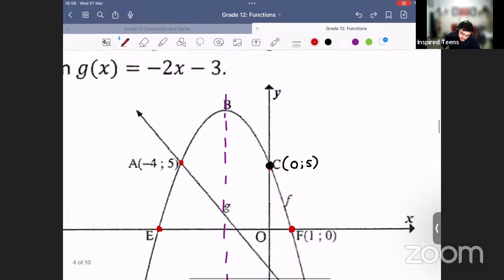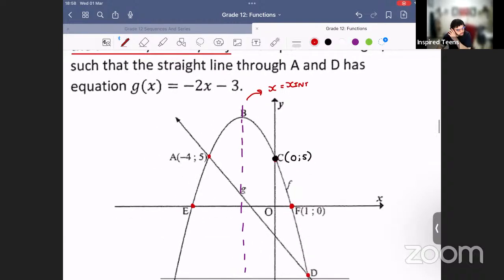Remember, the general formula is that x is equal to the x-intercept. Alternatively, x is equal to whatever x value is on that line, because the x values remain constant on a vertical line. That's crucial for you to remember.